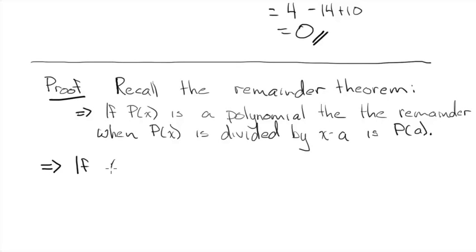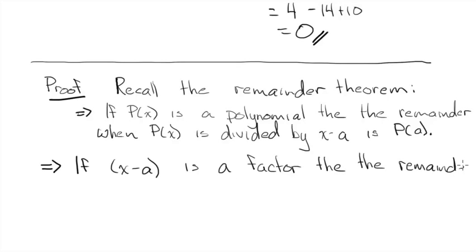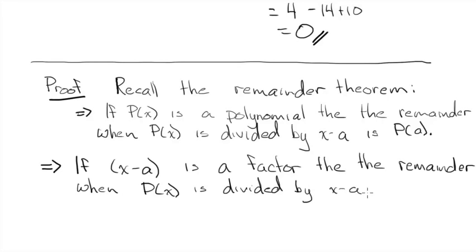If x minus a is a factor of p at x, then the remainder when p at x is divided by x minus a is 0.